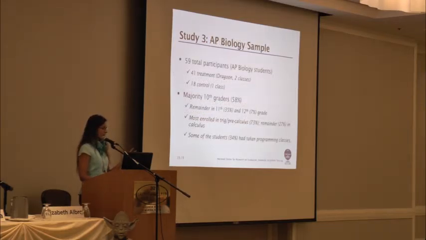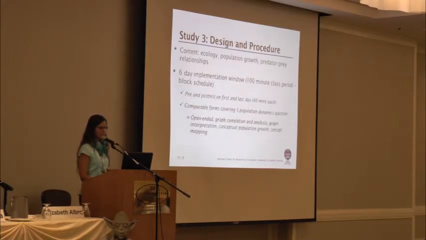And then we have study 3. Here the sample was a little smaller. Again, we were focusing on AP biology. We had 41 treatment, 18 control, and we wanted again to look at some of these key demographic variables. The majority of them were 10th graders. Most of them were enrolled in trig pre-calculus and the remainder in calculus, and some of the students had taken programming classes.